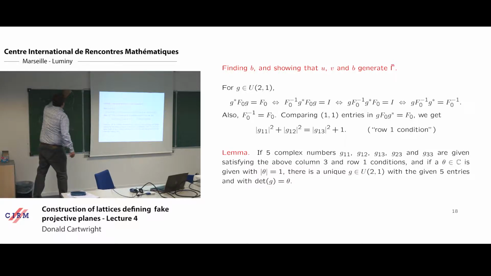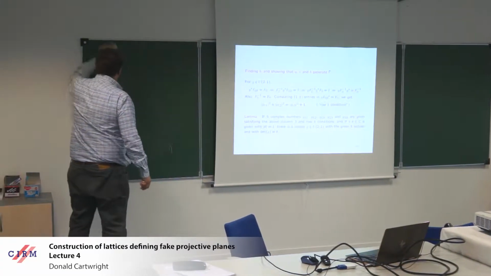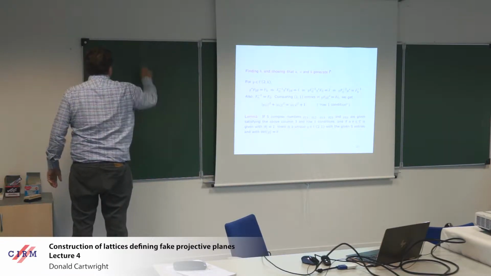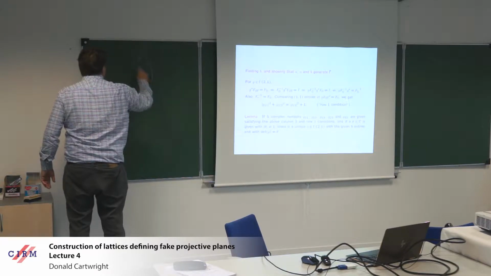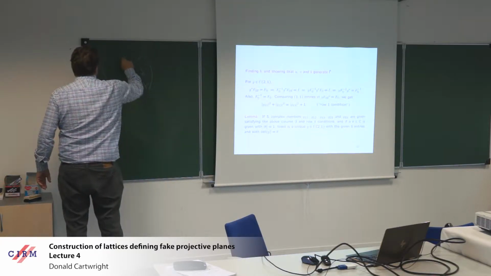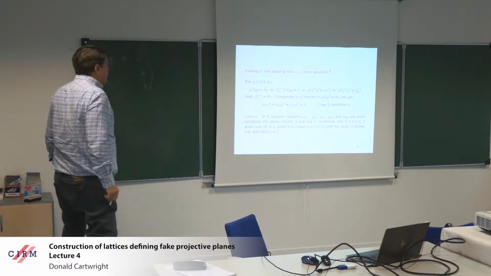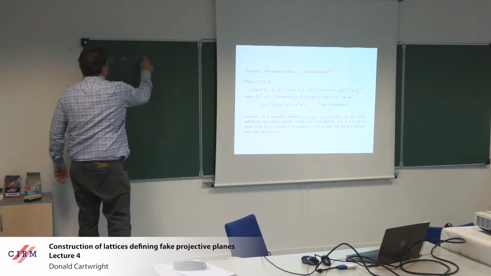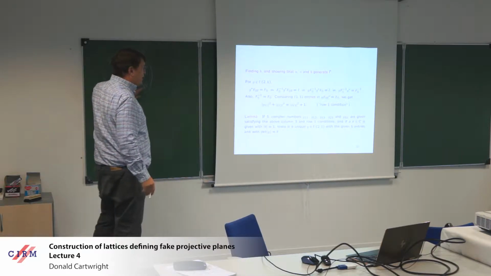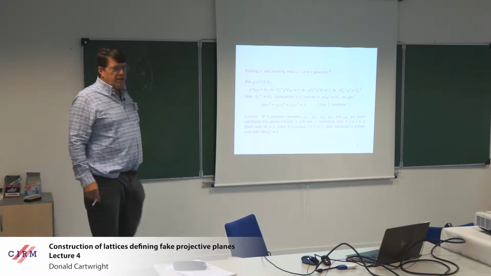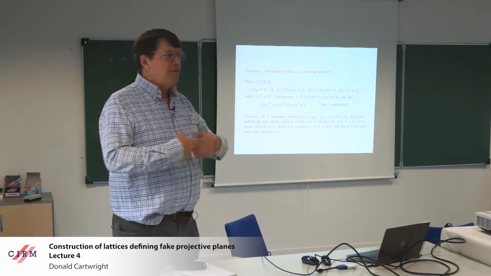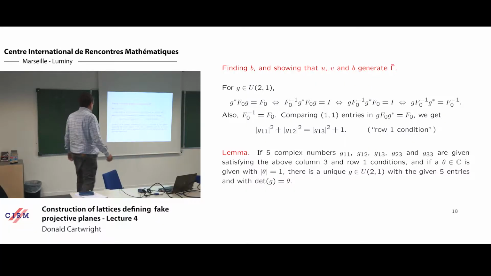So I've got a lemma there that says if you give me 5 complex numbers, so that these 3 satisfy the column 3 condition, and these 3 satisfy the row 1 condition, and if you give me a complex number of modulus 1, I can fill that in uniquely to get an element of U21.